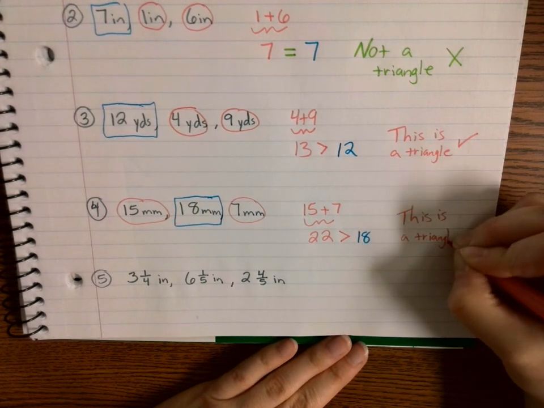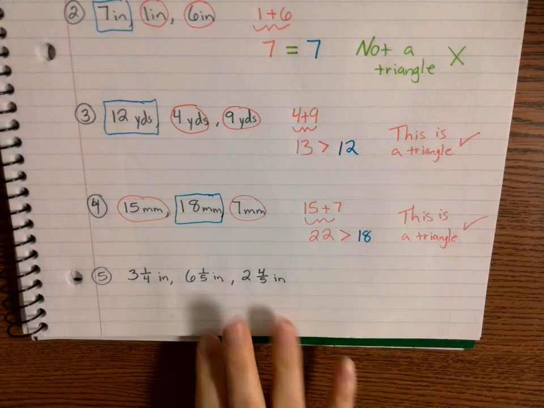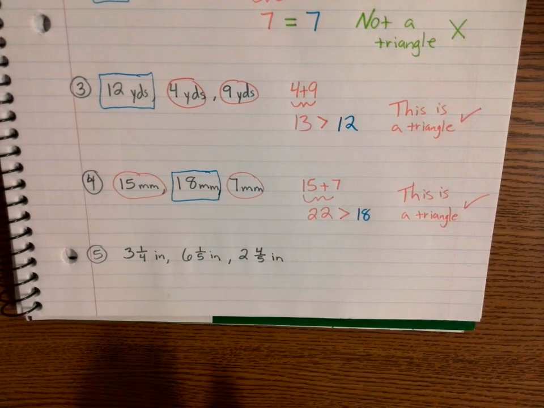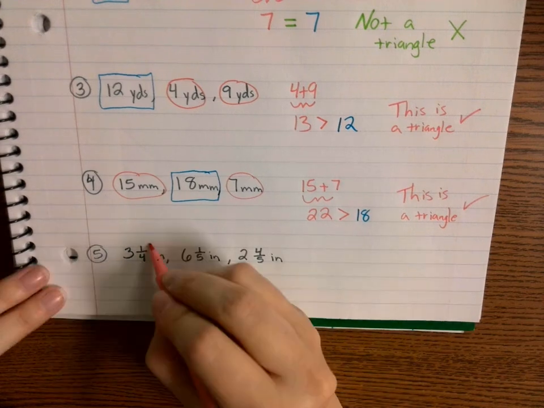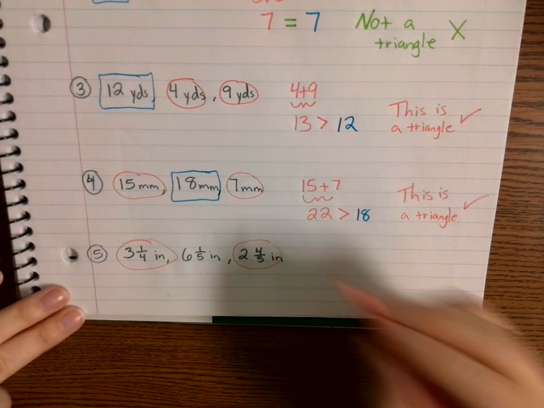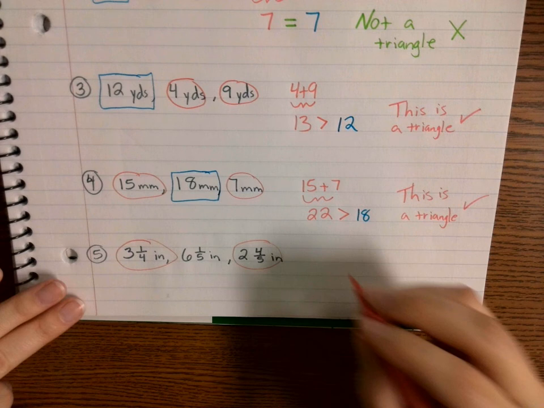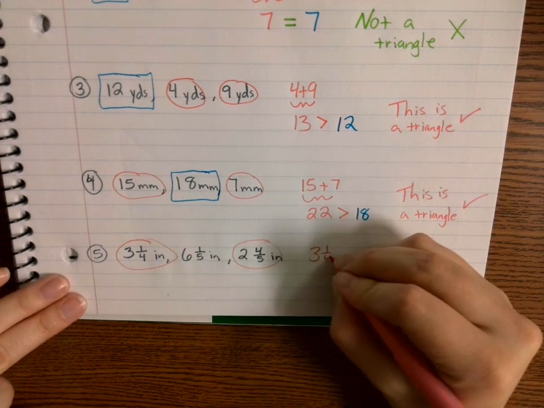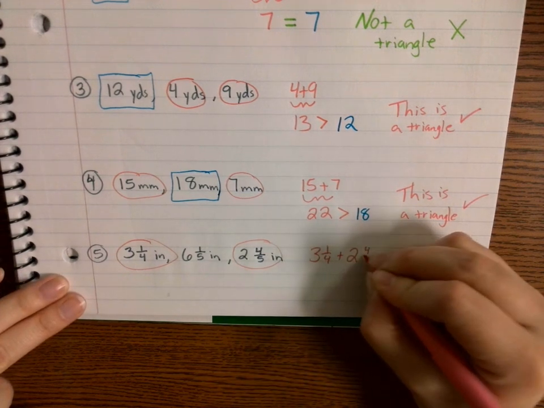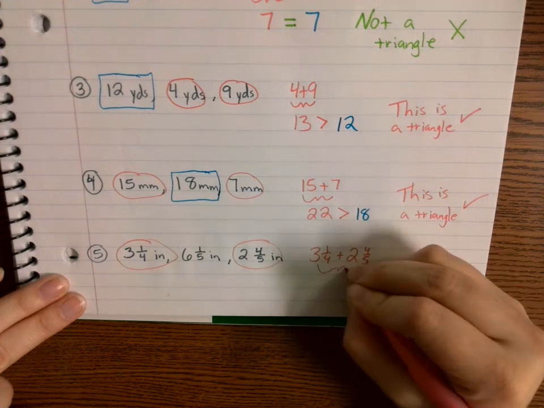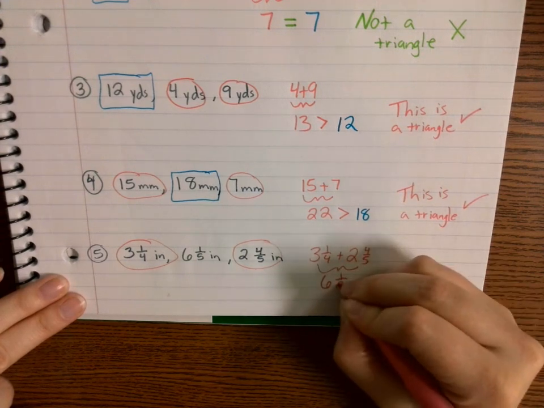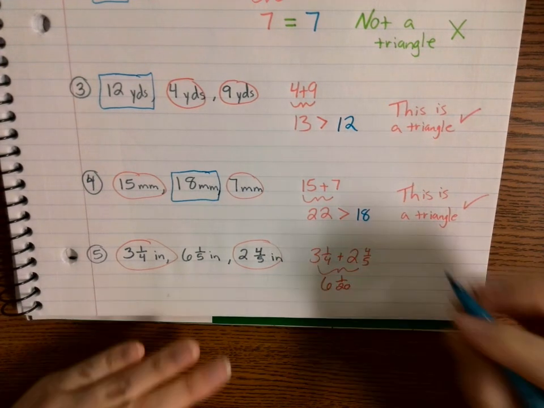Okay, then our last one, we have 3 1/4, 6 1/5, and 2 4/5. What are our smallest ones? Yeah, 3 1/4, 2 4/5. So we're going to add those together. We're going to do 3 1/4 plus 2 4/5. When we add that, we're going to get 6 1/20. And 6 1/20 is not greater.